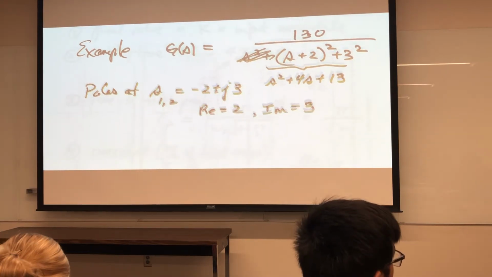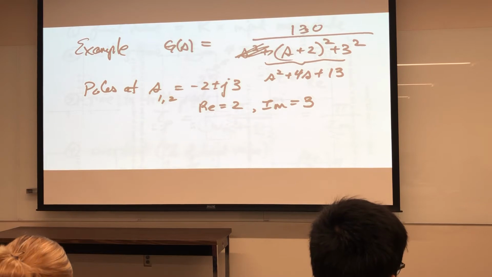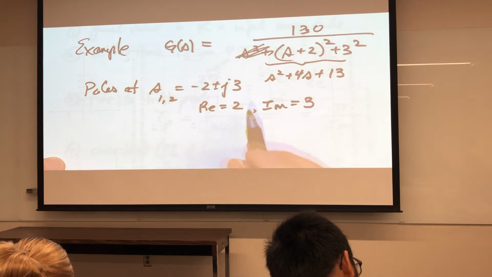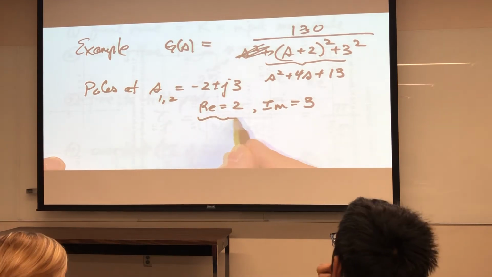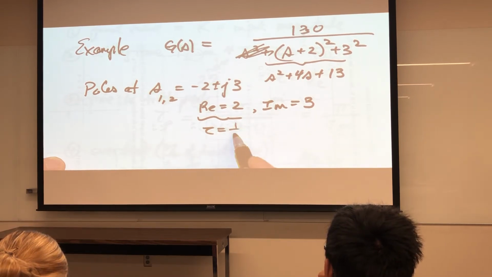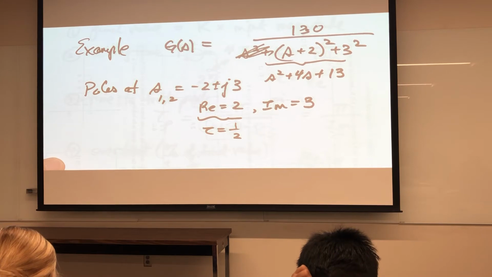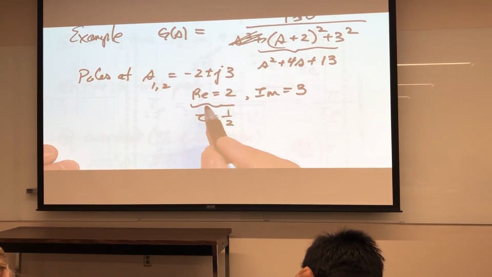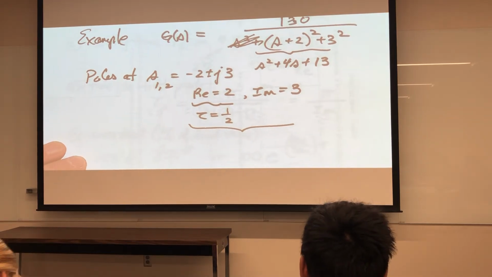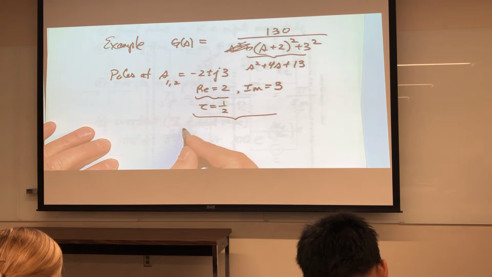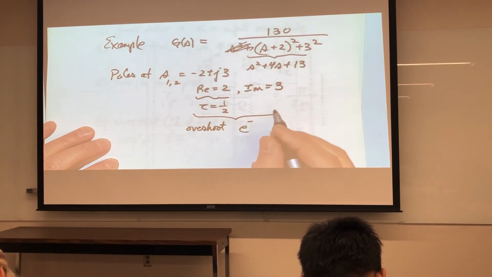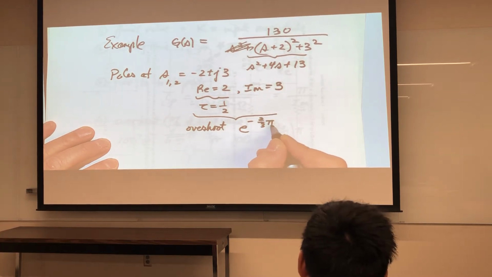From this, I get that the time constant is 1 over the real part, which is a half. From the combination of the two, I can calculate the percent overshoot, which is e to the minus 2 over 3 times pi, times 100.